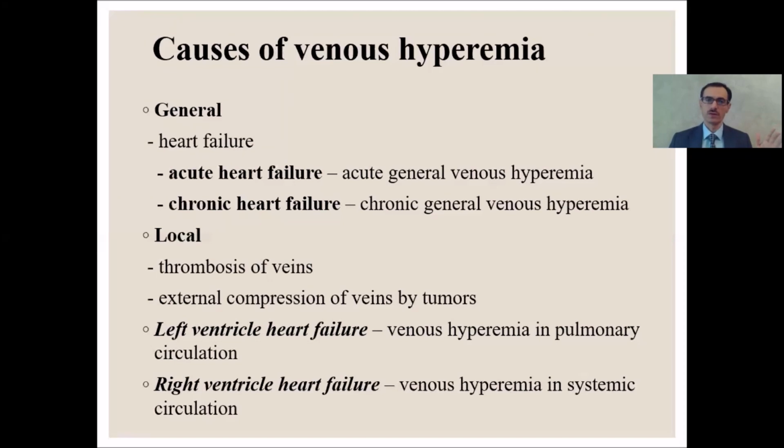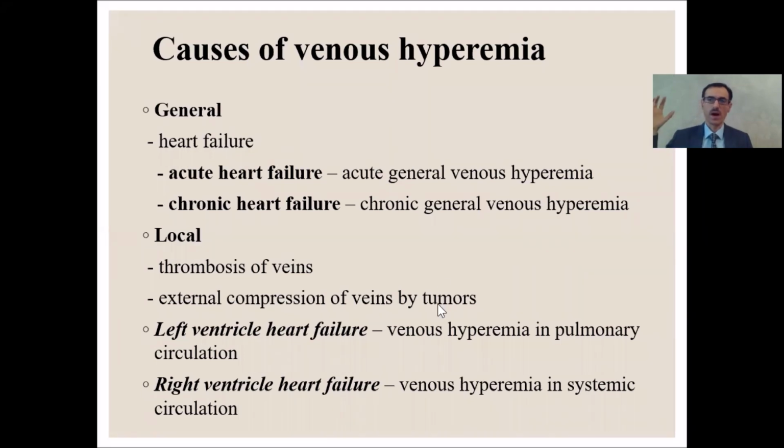So, etiology of venous hyperemia: general venous hyperemia and local venous hyperemia. General venous hyperemia results from heart failure, because we will discuss cardiovascular pathology next term. The heart has some functions.